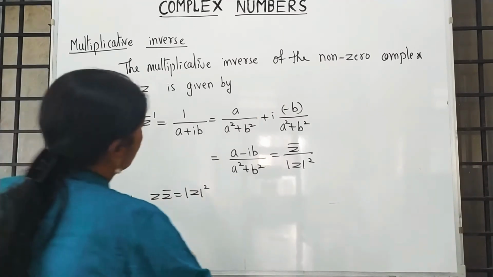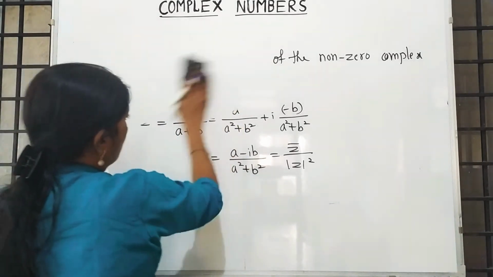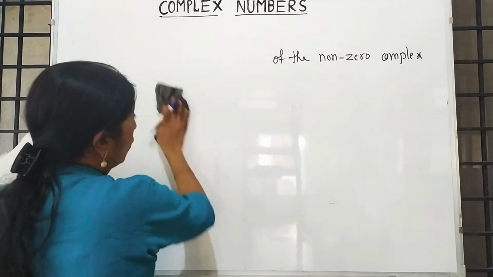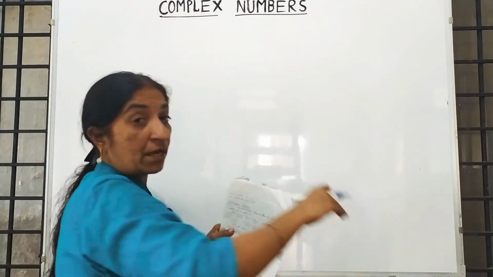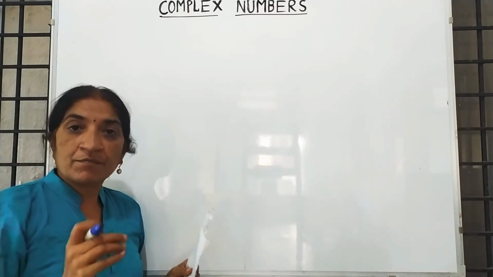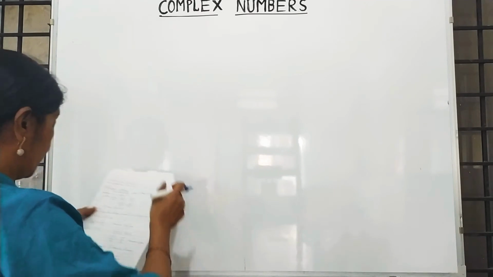And related with this, multiplicative inverse and modulus, we have properties of the modulus of a complex number. Remember that properties are very important for CET, because using these properties we solve the examples within a line.